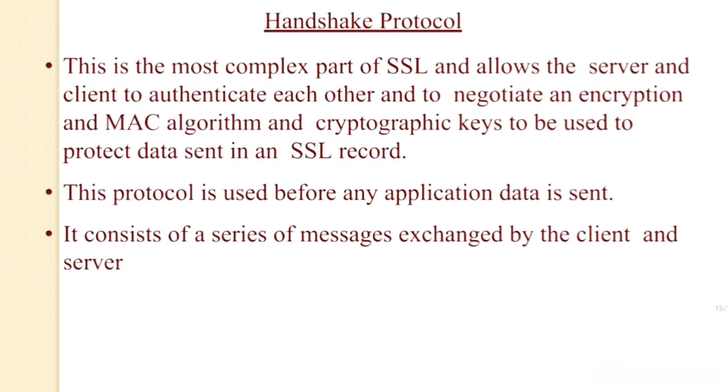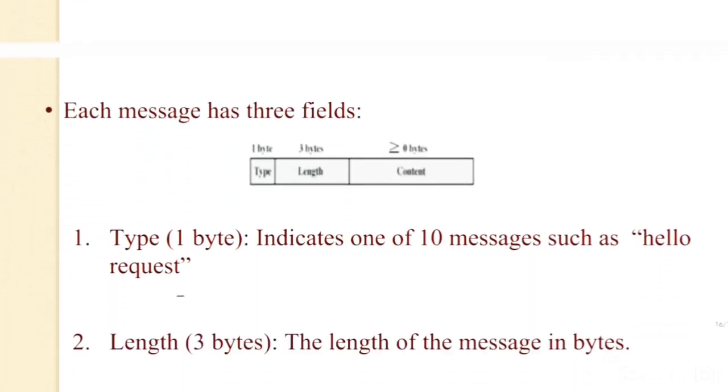And the next protocol is the handshake protocol. This is the most complex part of SSL and allows the server and client to authenticate each other and to negotiate an encryption and MAC algorithm and cryptographic keys to be used to protect data sent in an SSL record. This protocol is used before any application data is sent. It consists of a series of messages exchanged by the client and server.